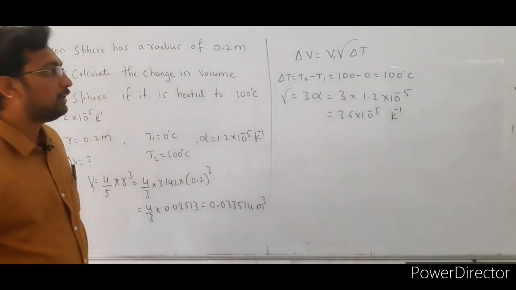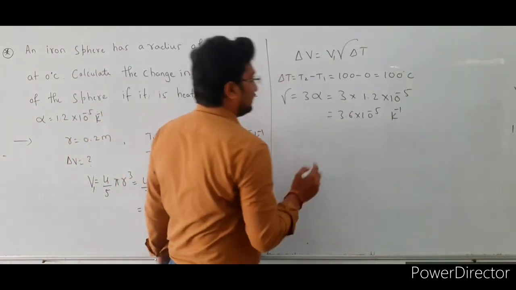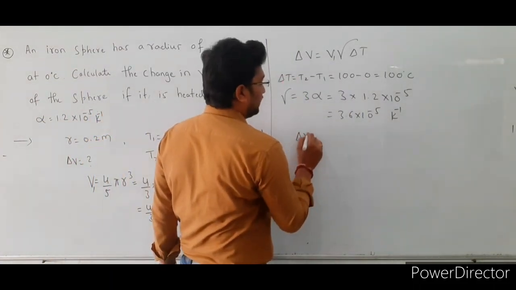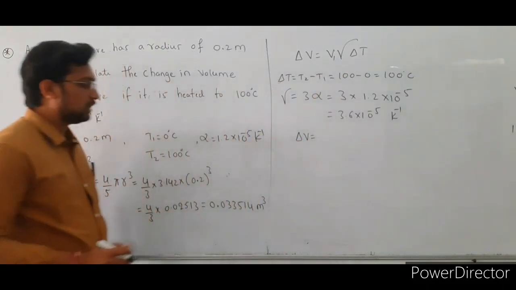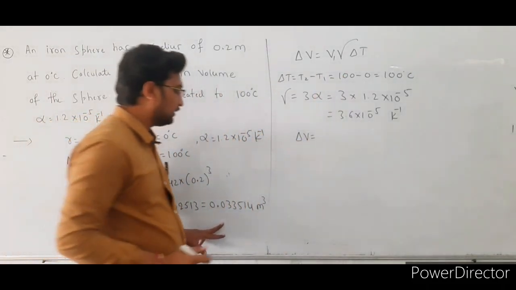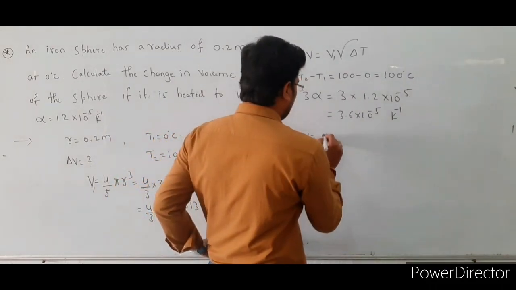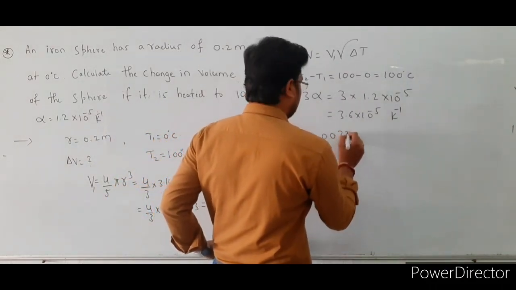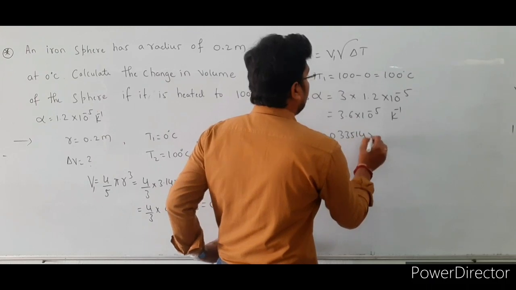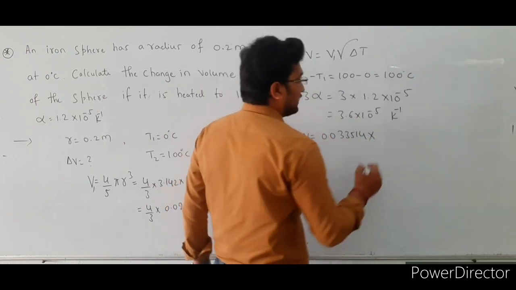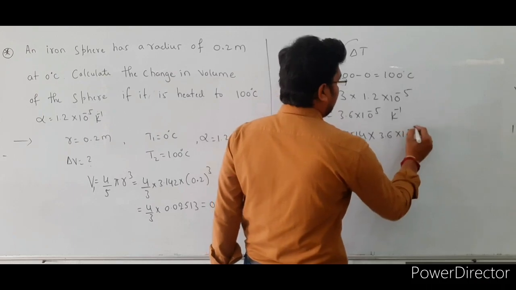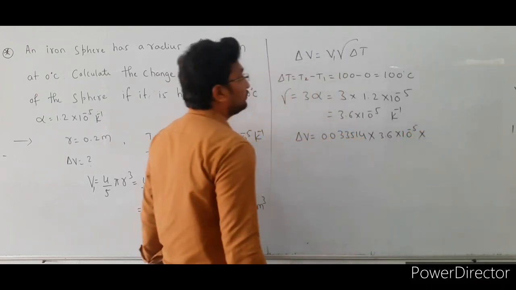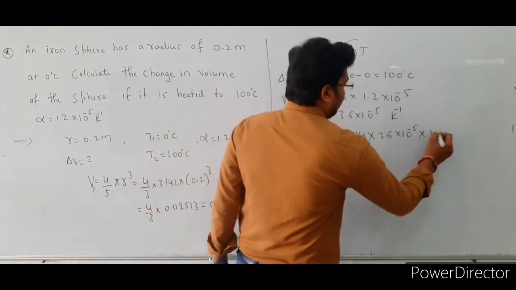So substitute all the values in this equation, we will get the change in volume value. The change in volume is equal to the initial volume, 0.033514, into the gamma value, 3.6 into 10 to the power of minus 5, into 100.